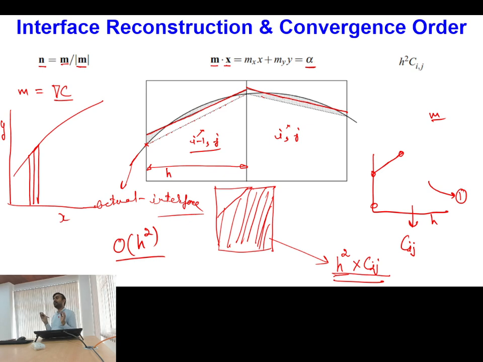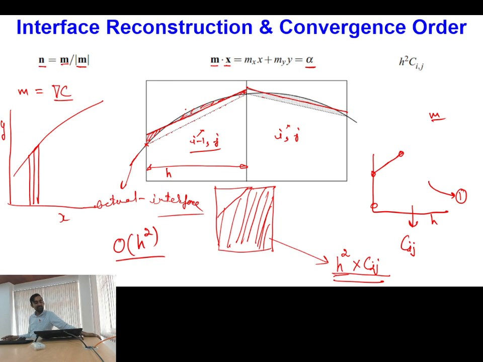But in the PLIC reconstruction, we don't have any rule that two different line segments in different cells should intersect at the cell boundary. So here one line segment is ending at a different point and the other is starting at a slightly higher location. That kind of restriction we don't have. That is the first point. The second point is that this line segment is giving this much deviation of area in comparison to your actual curve.